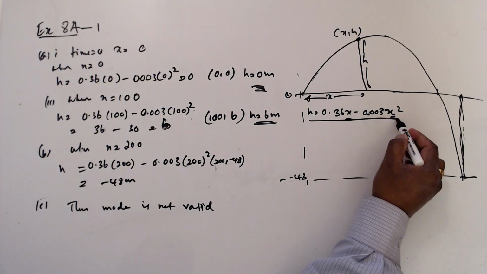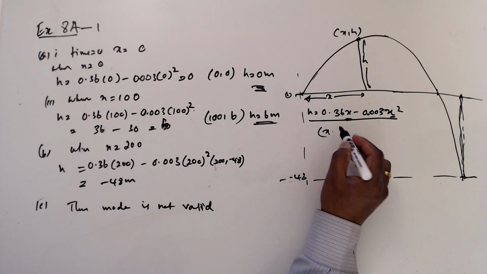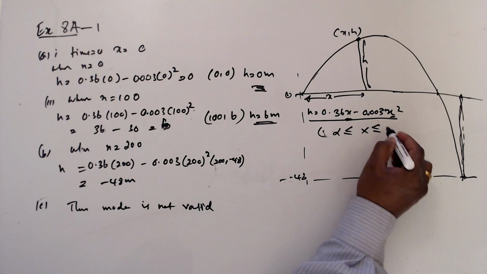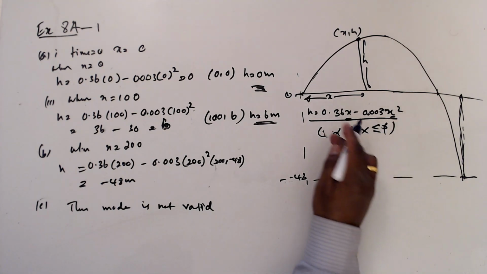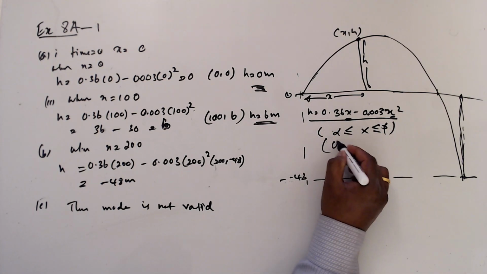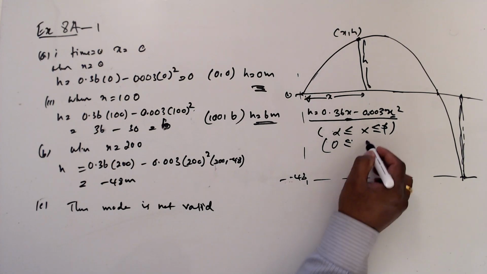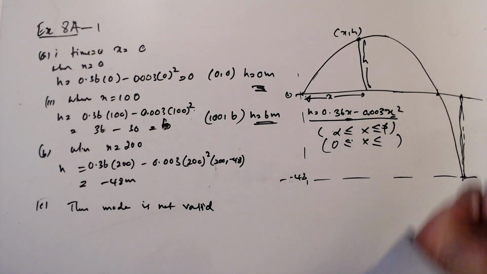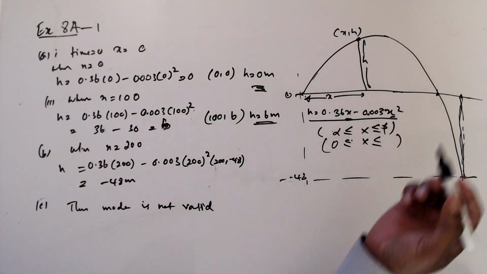H equals this one, and x is from alpha greater than x greater than beta. So we want to give the domain, the starting point 0, less than or equal to x, and we want to find this value. How do you find this value?